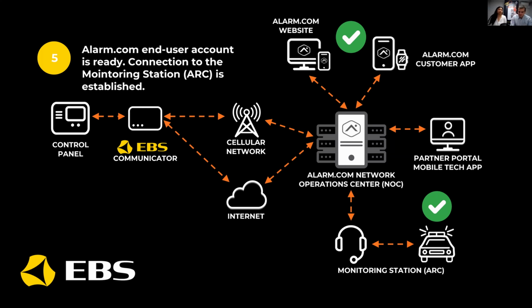So I guess this is also a good time to make a small comparison between the EBS Classic setup and the alarm.com USP setup. You are already familiar that with EBS we have our infrastructure and ecosystem with the EBS Classic line.